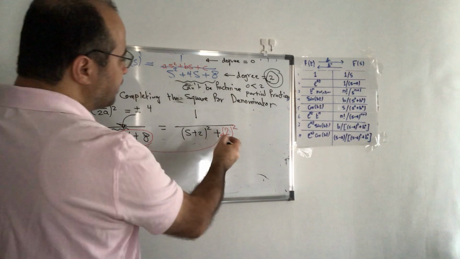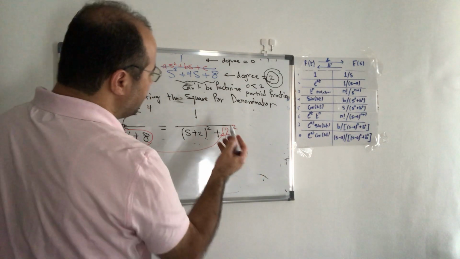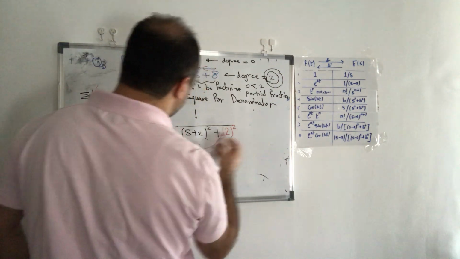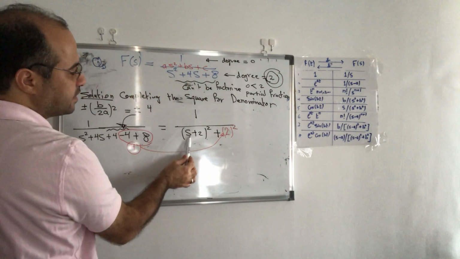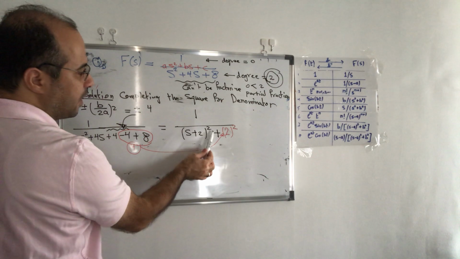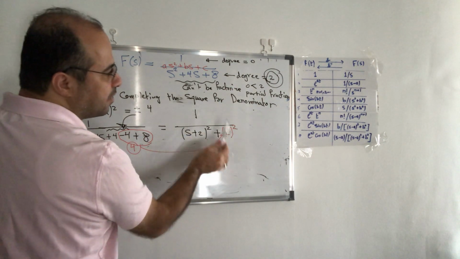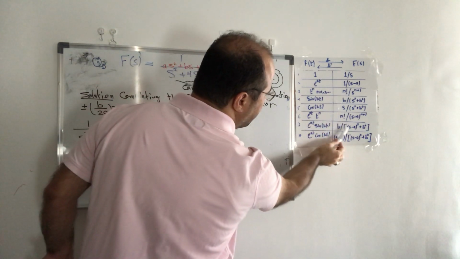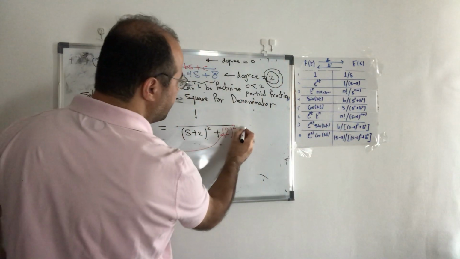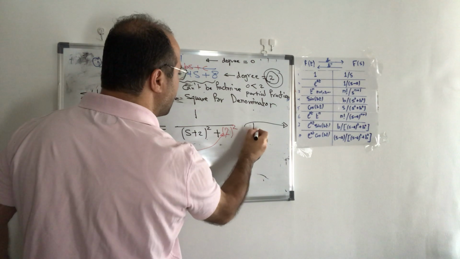Now let me compare with the table. It seems to me that this is almost the table. Which one to compare? You have a number and s shifted, squared, plus number squared. So here it is number and number, so line 7.